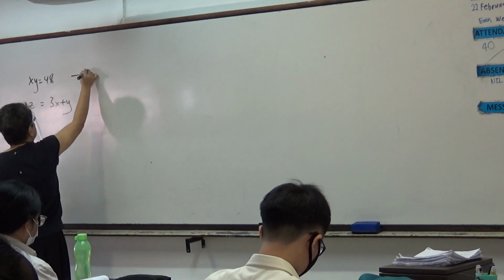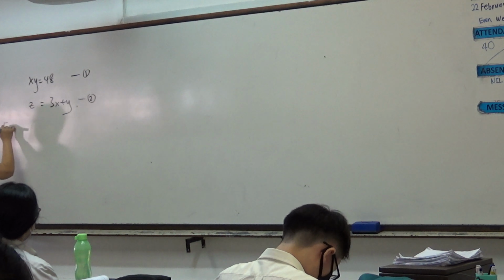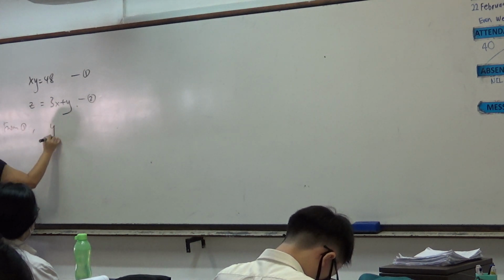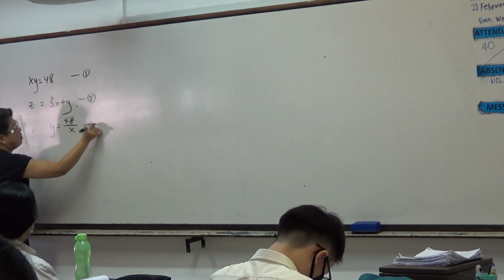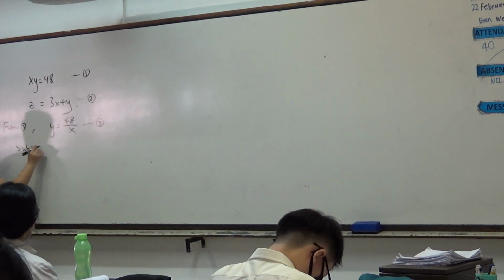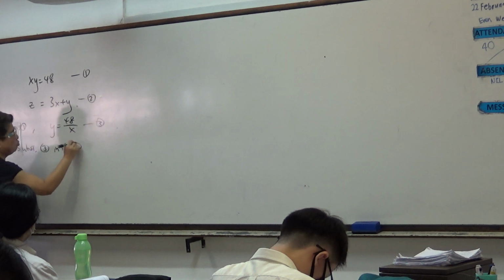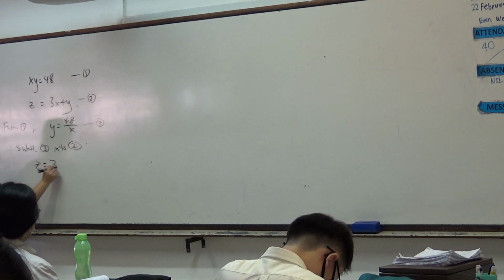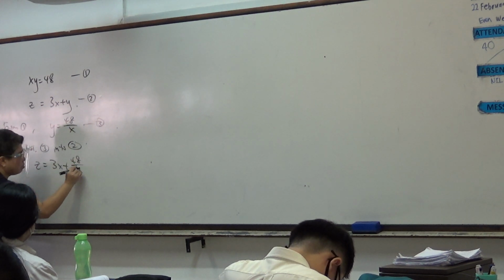Okay. Let's call this equation 1, equation 2. From 1, y is 48 over x, right? Everybody okay? So, substitute 3 into 2. We will have z equals 3x plus 48 over x, correct?